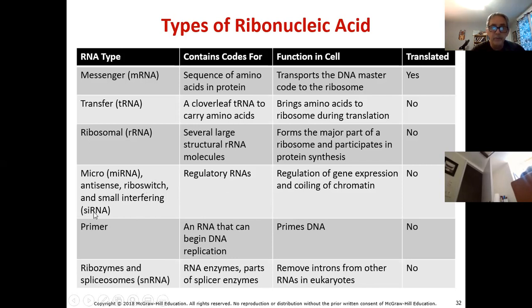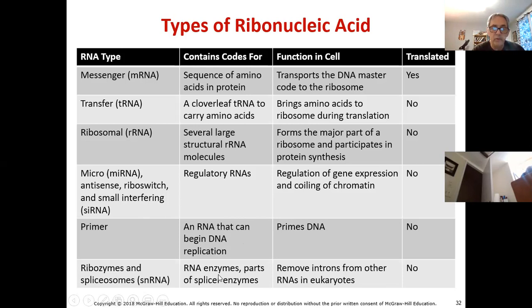There's also what we call small interfering RNAs. These are a big area of research right now, possibly for fixing some genetic defects. There's the RNA primer that's part of DNA replication, obviously not part of protein synthesis. And then there's something called ribozymes and spliceosomes.